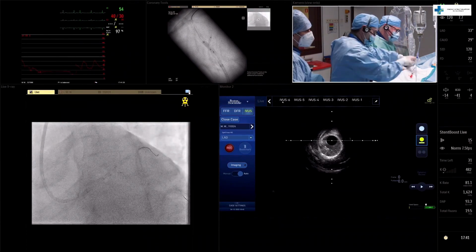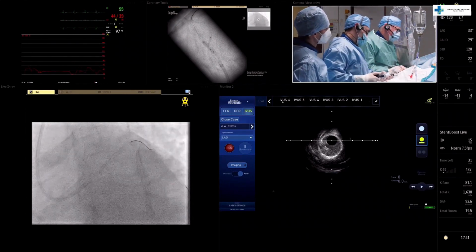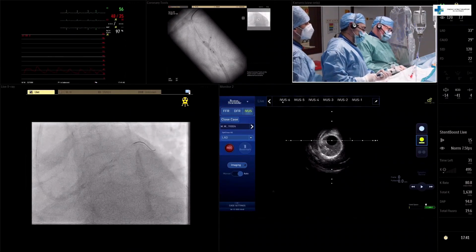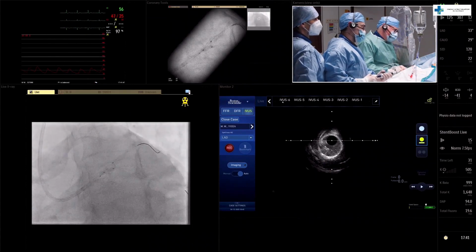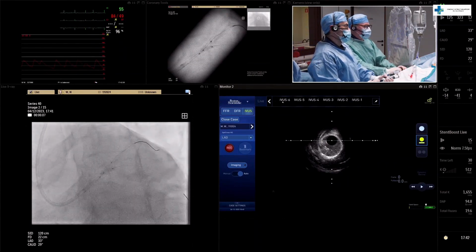Yeah, this looks good. So open this 3.0, and we can dilate again the ostium of the circ. 6, 8, 10, and maybe we can even wait for a while. We have quite good pressure. This damping was due to the opening of the valve. Okay, deflate.